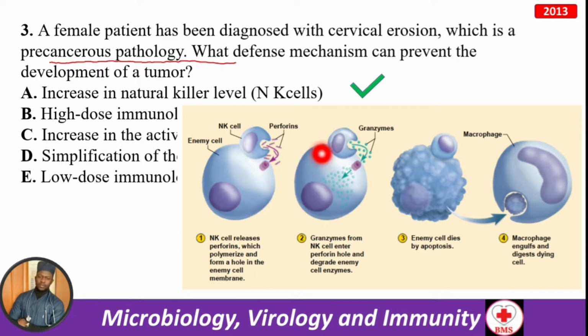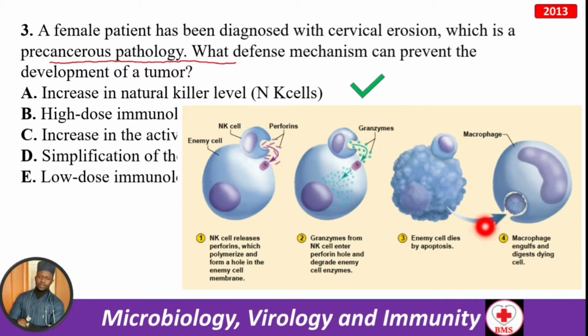Next, it releases granzymes which enter into the enemy cell. That's how it destroys it. The natural killer cell releases perforin, which polymerizes and forms a hole in the enemy cell membrane. At this stage, the granzymes from the natural killer cell enter the perforin hole and degrade enemy cell enzymes. Then you can see the enemy cell dies by apoptosis.